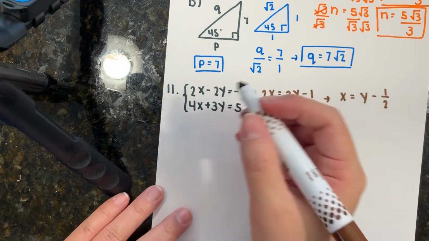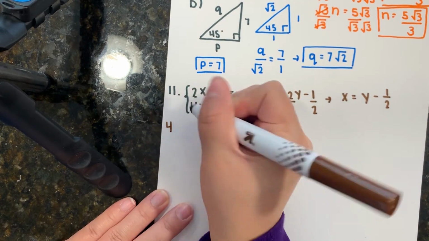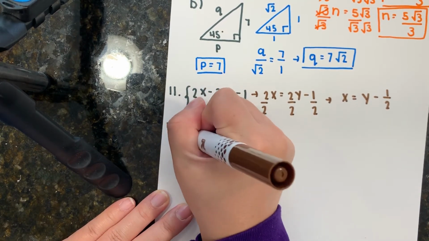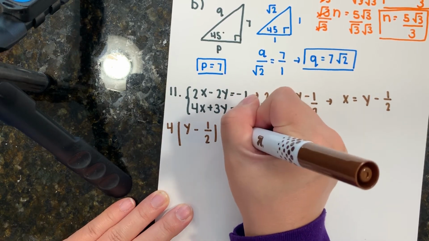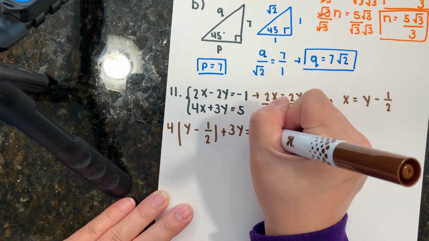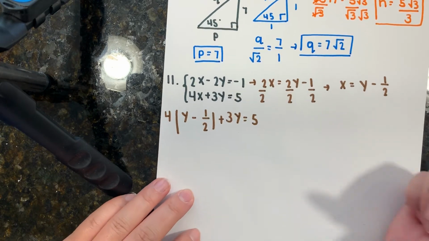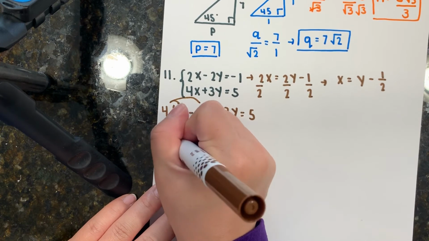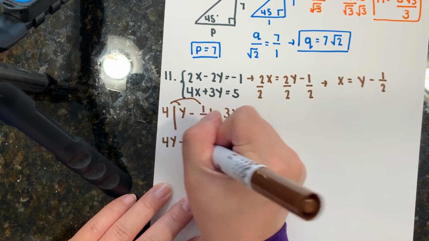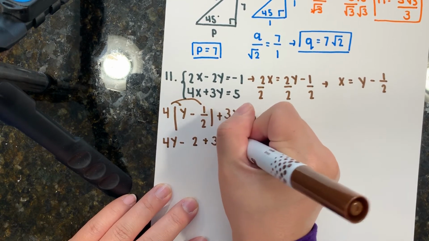I'm going to take that and plug it into my second equation. So that'd be 4 times y minus 1/2 plus 3y equals 5. If I distribute, I would get 4y minus 2 plus 3y equals 5.